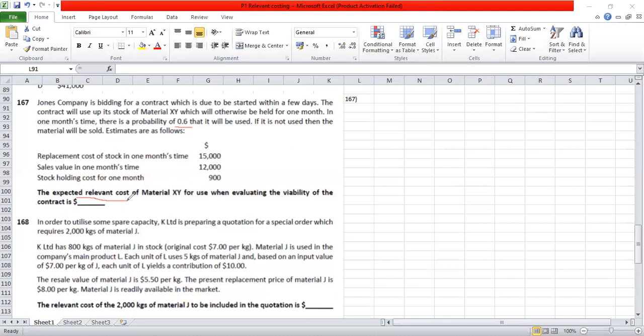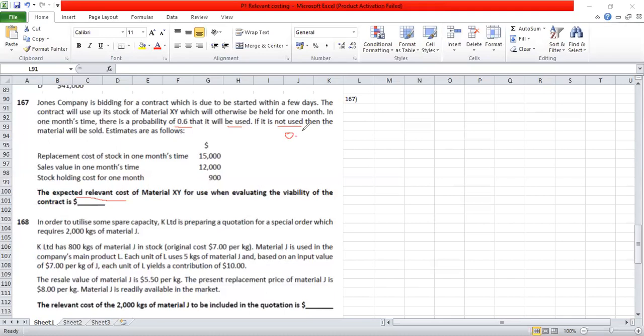So when we add up all 6 times 1 by 6, the sum total comes up to be 1. So the sum total of the probability is always equal to 100% or 1. So if it is 0.6 that it will be used, the probability that it will not be used can be calculated as 0.4. So that's the first part we have to look into.